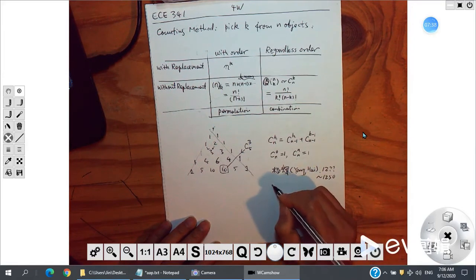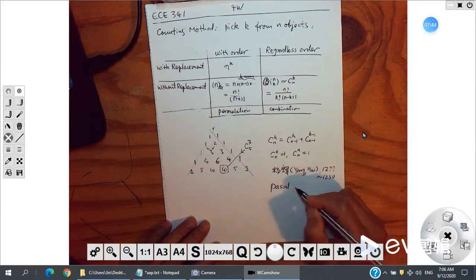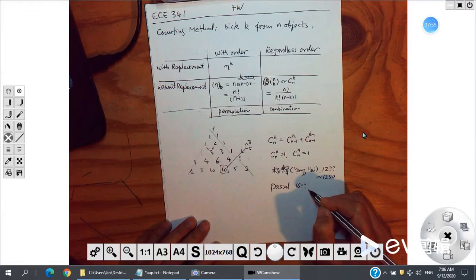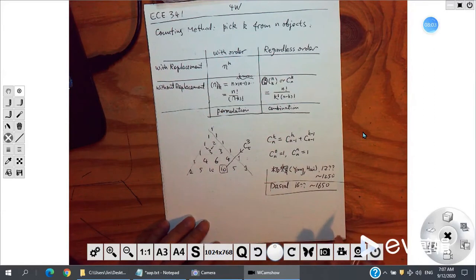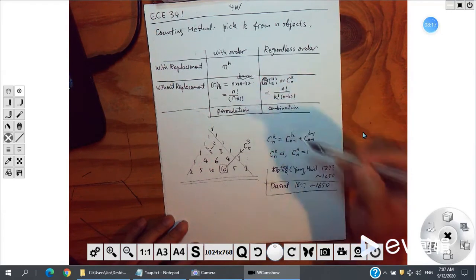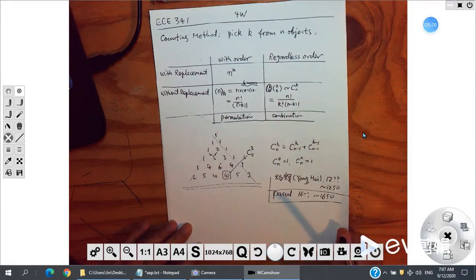And another person is Pascal, a European, in the 1650s or so. Now it's 2000-something, so it's like 800 years ago that people found this triangle to calculate this kind of numbers.